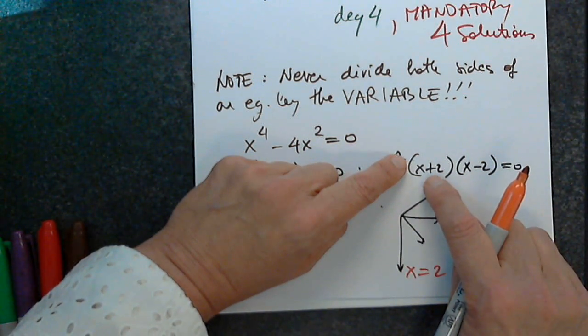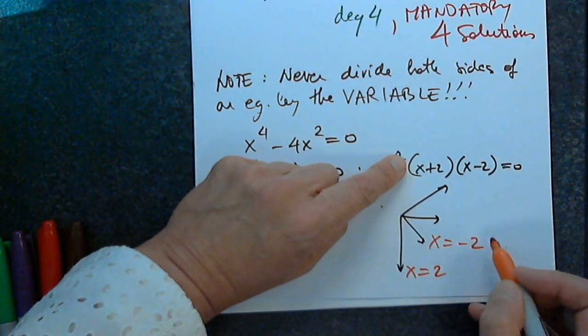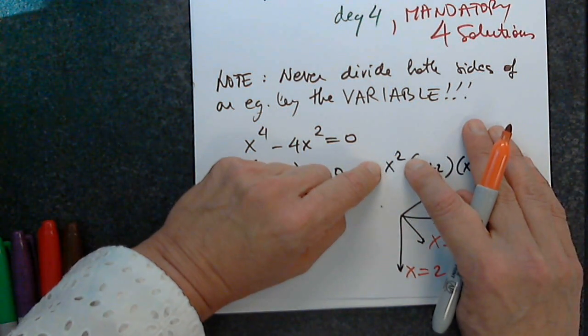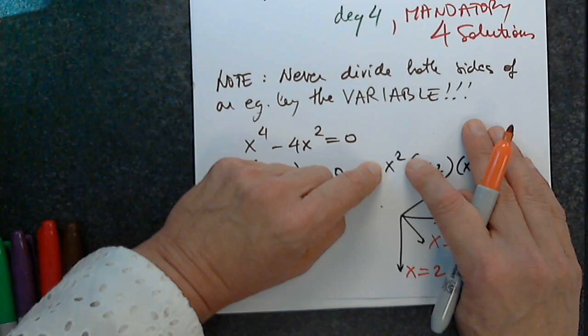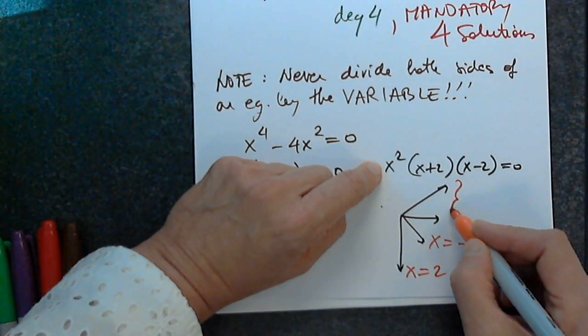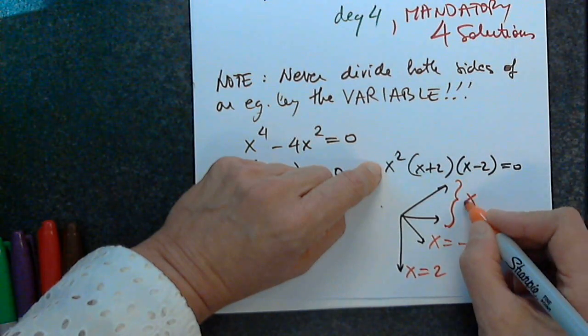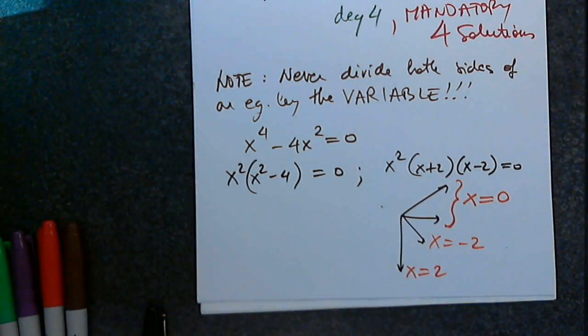What solution do I get from here? Perfect. And now, what solution do I get from here? 0. Exactly. How many times? Twice. X squared is x times x. I have 4 factors: x, x, x plus 2, x minus 2.